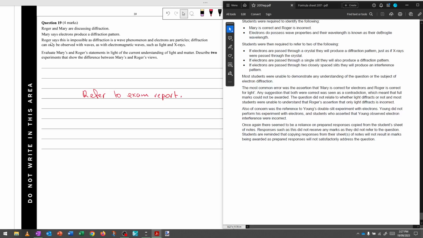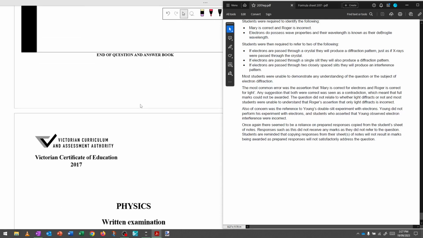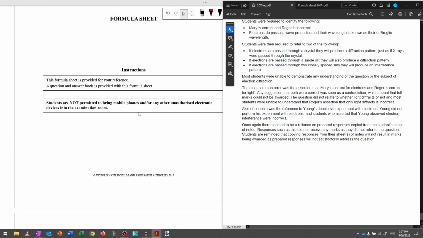We know Mary's right. Roger is wrong because he says it's impossible. And describe two experiments that show the difference between Mary and Roger's views. Well, we're just showing why Mary's right, I guess. So it's either of those three experiments. Okay, there you go. And the rest is just formula sheet.